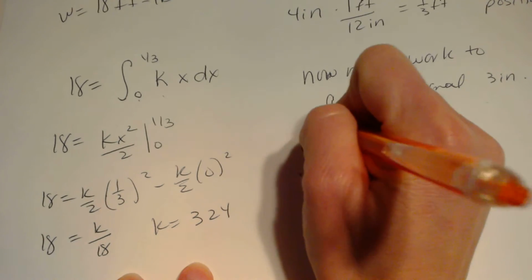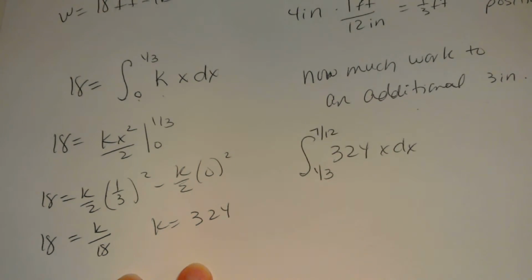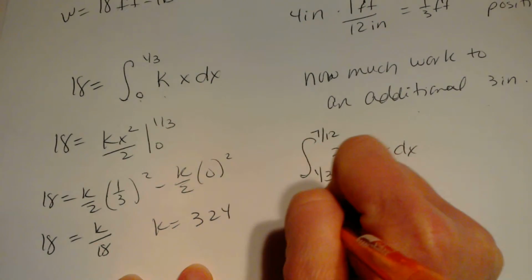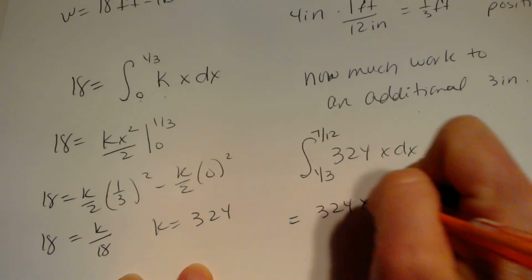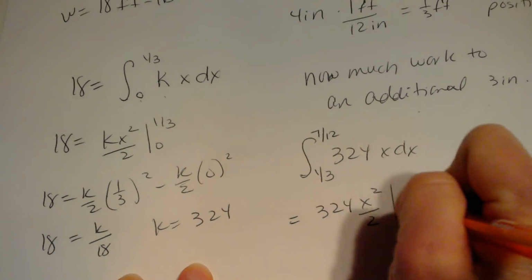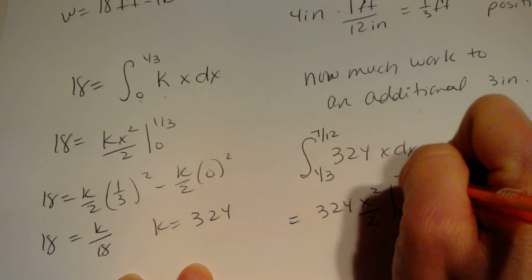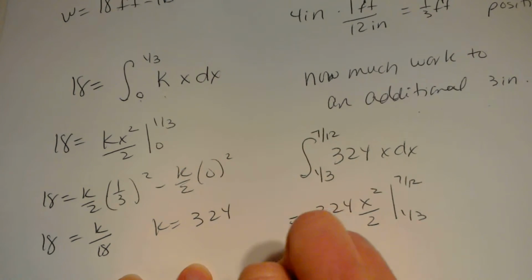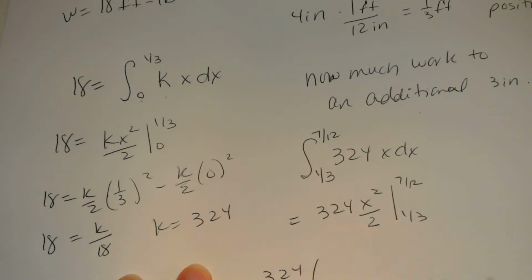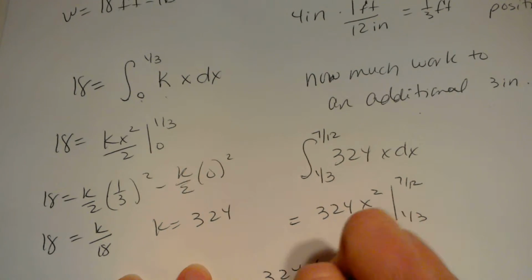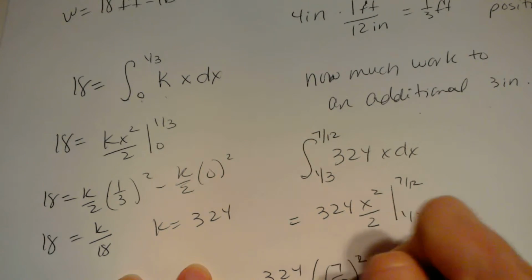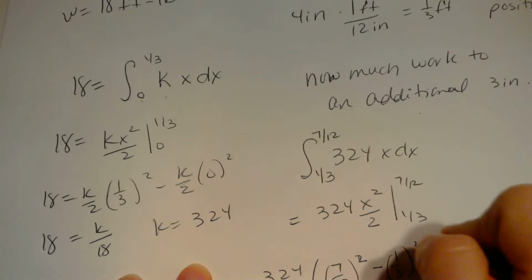That doesn't reduce, so we're going to say 7/12. So let's integrate: from 1/3 to 7/12, 324 over 2 times 7/12 squared minus 1/3 squared.